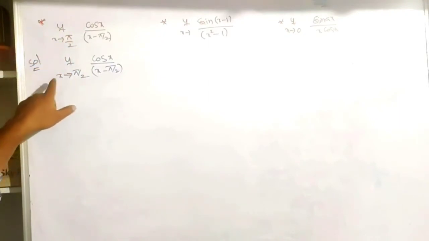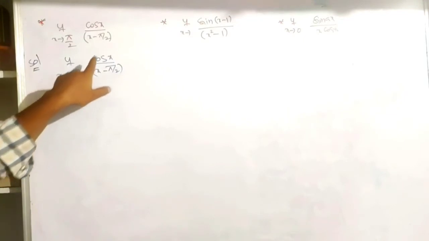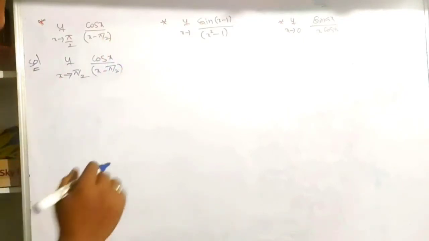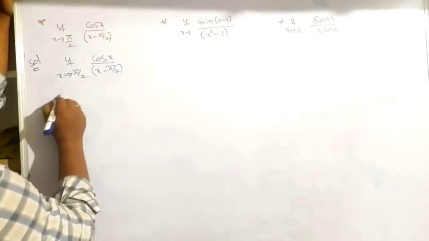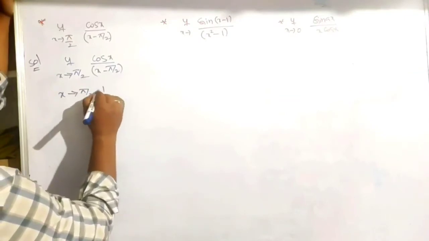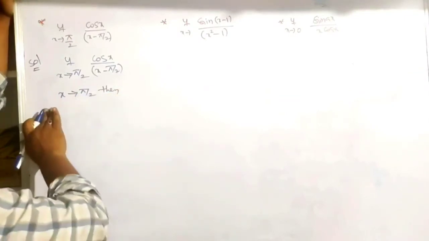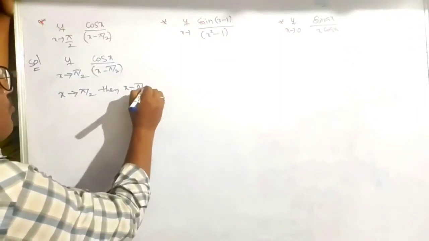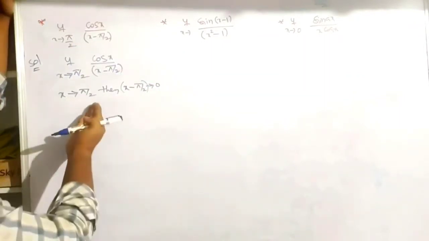So when x tends to 0 only, you can find the value of sin or cos. That's why when x is tending to pi by 2, that means when x becomes pi by 2, then x minus pi by 2 becomes 0, or x minus pi by 2 tends to 0. Simply send the pi by 2 to this side, and it becomes x minus pi by 2.